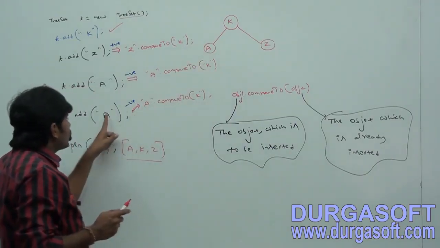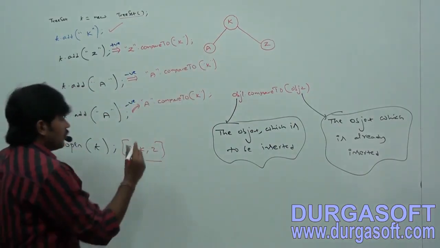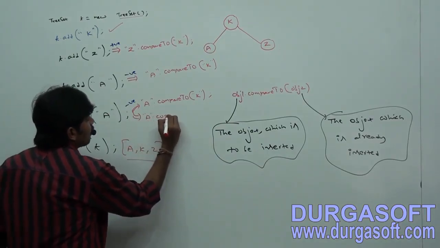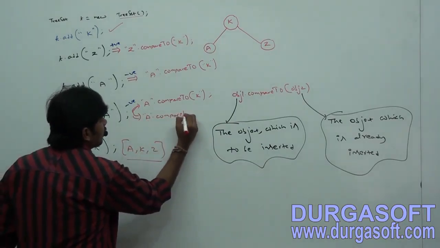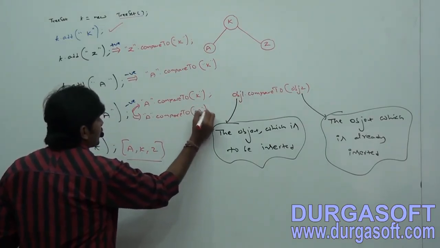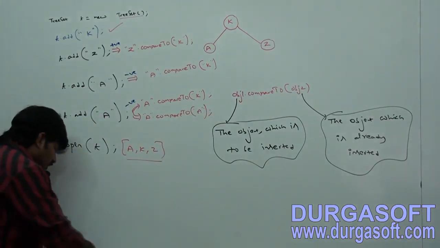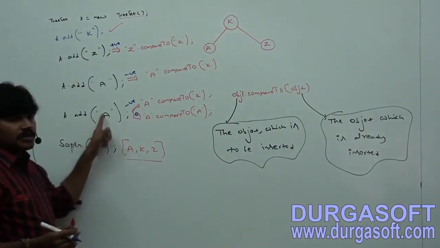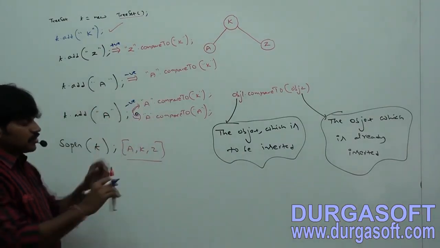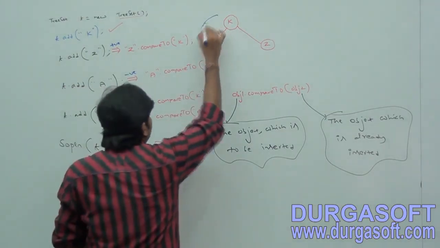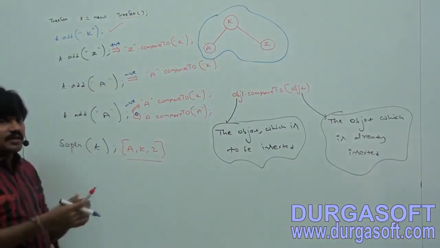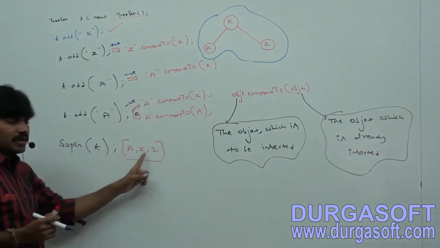Once again you have to compare this element with this element, so a second comparison: A.compareTo(A). What will it return? Zero. Zero means duplicate, so this object is not inserted. That's all. So now my diagram is A, K, Z in order, and A, K, Z is the output by default.